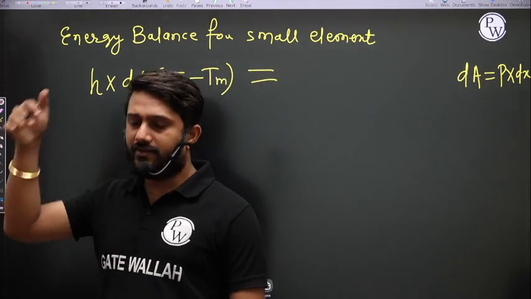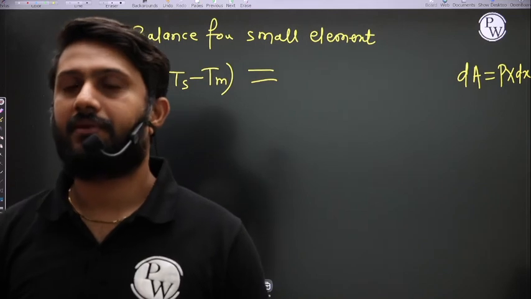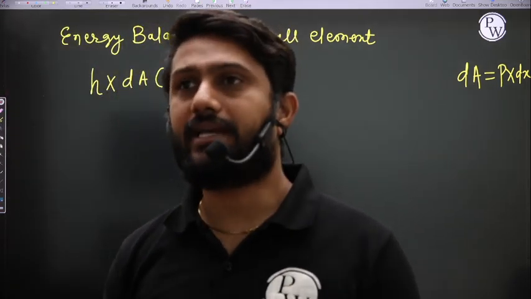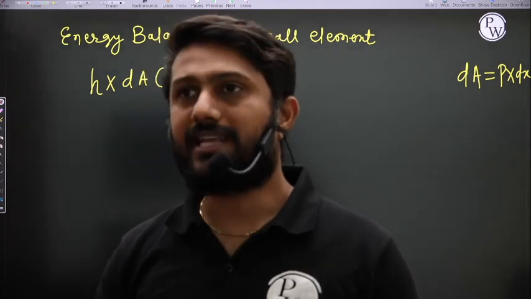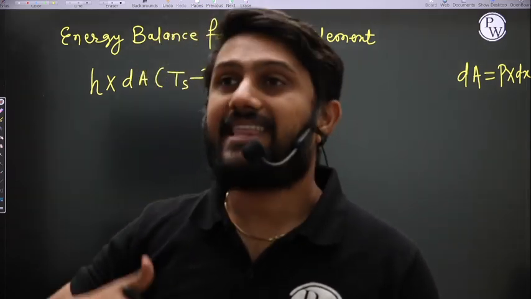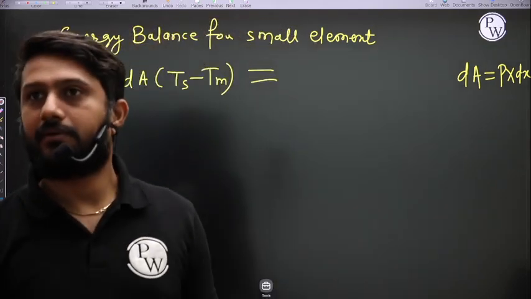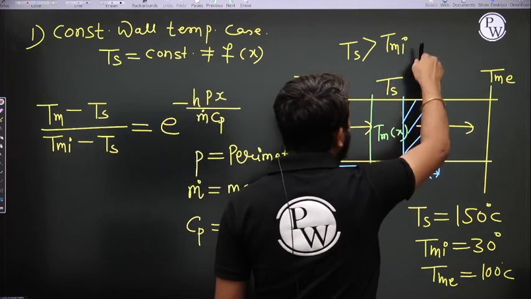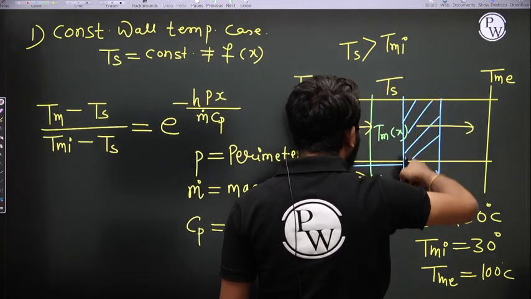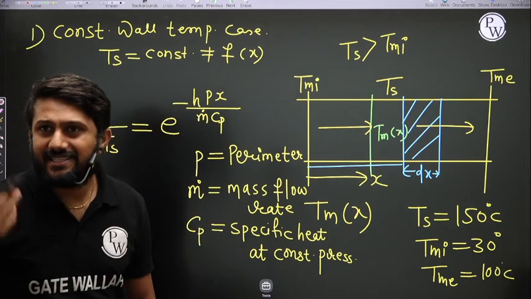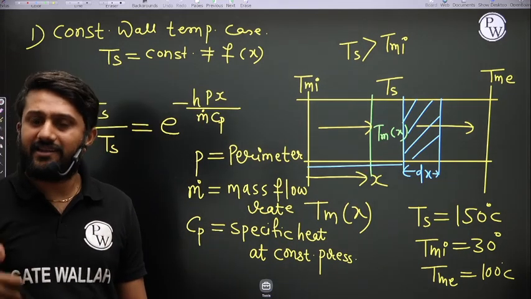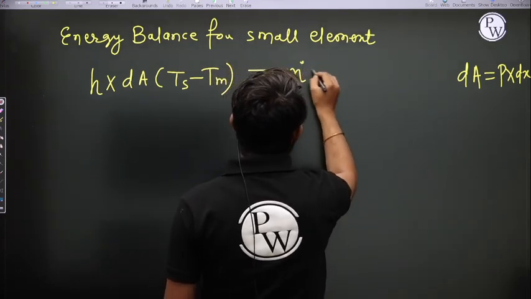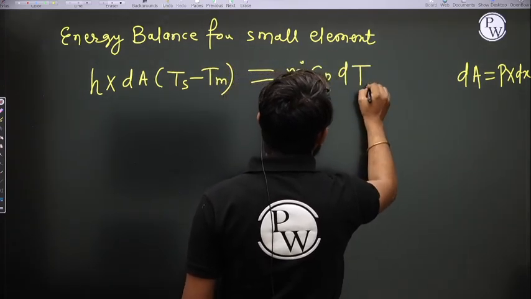Now see, whatever heat energy is transferred via convection is utilized to increase the enthalpy rate of the fluid. Whatever heat transfer occurs from the wall to the fluid increases the enthalpy rate of the fluid. So we can say this is equal to m dot Cp dTm.